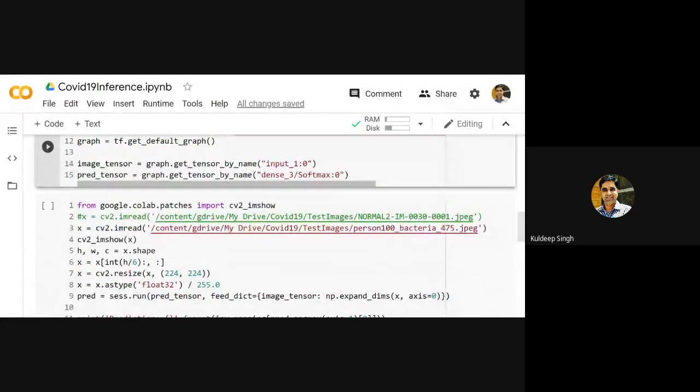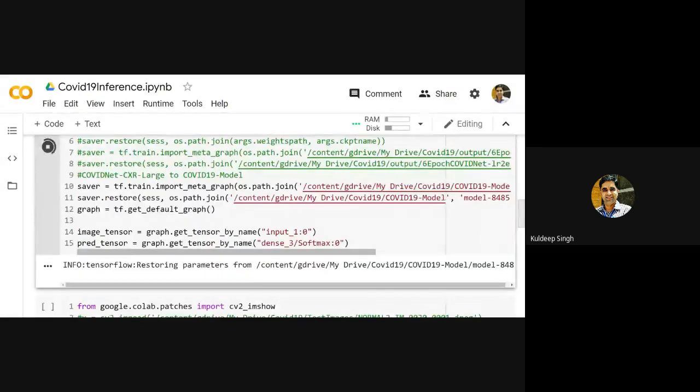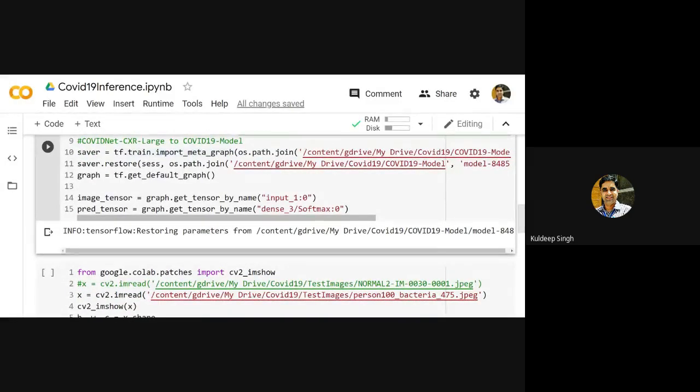And then we use the image tensor and the prediction tensor. So let's import it first. So it says that TensorFlow is restoring the parameters from this. I have used TensorFlow for training and testing the model.